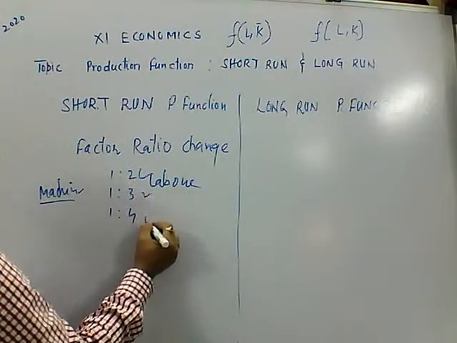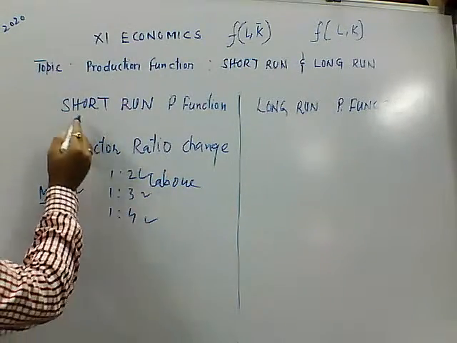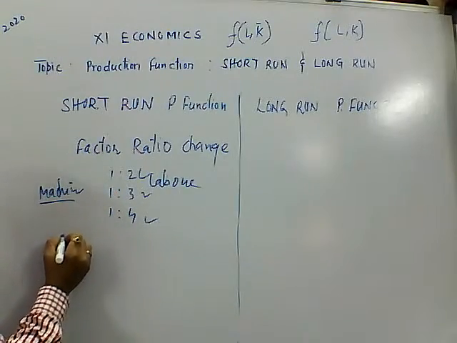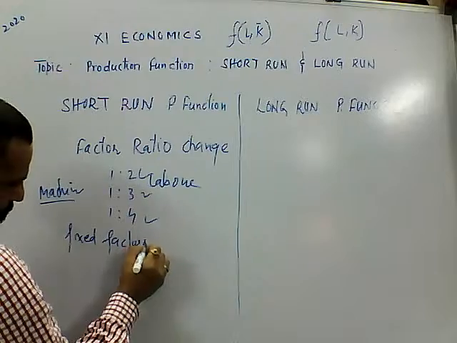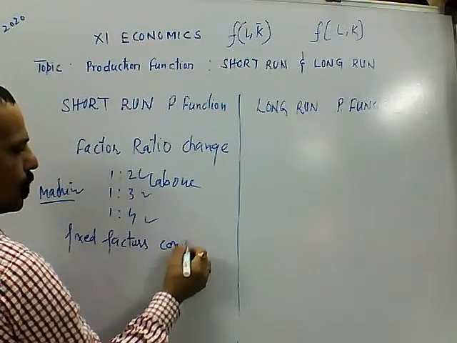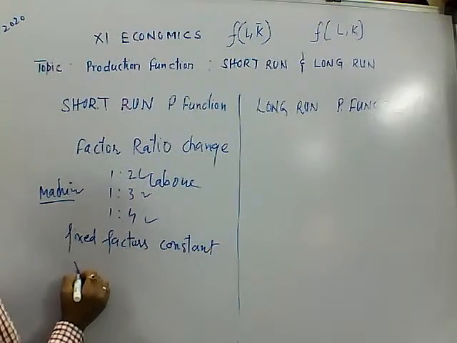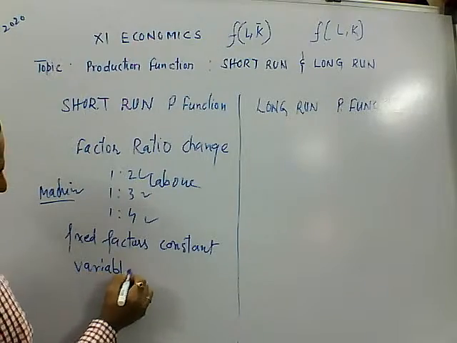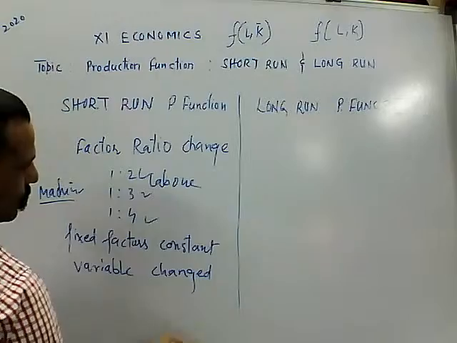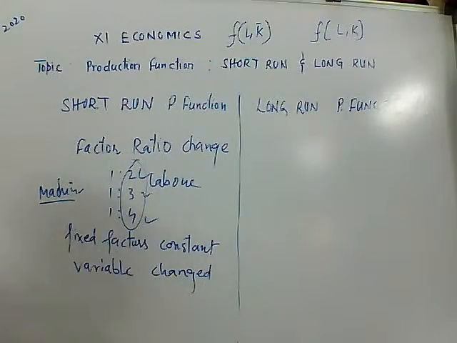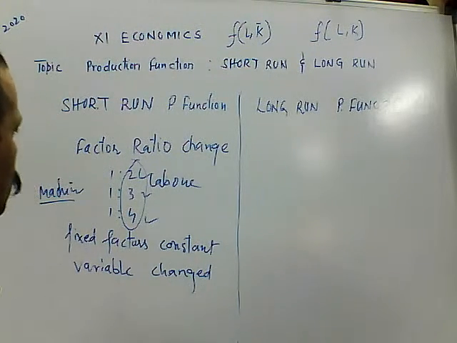So labor you can change, because in a shorter period of time machines or fixed factors remain constant. You can change only the variable factor, which means labor can be changed. So labor keeps on changing, and capital remains constant.